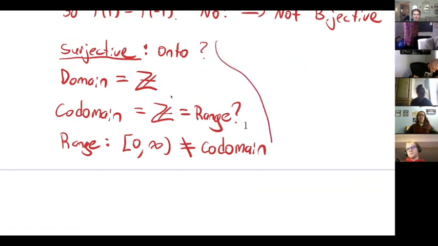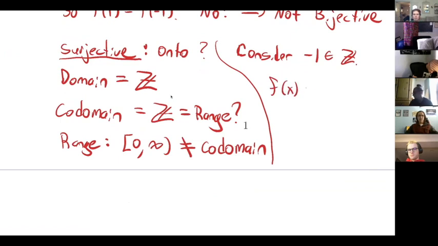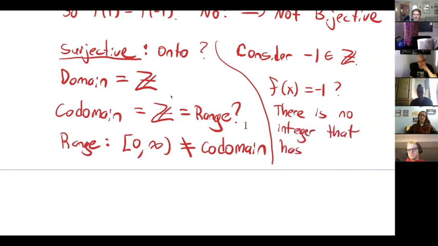But if we want to show that, we can just pick a value like the number -1, which is in the codomain Z. There's no integer which would map to -1.